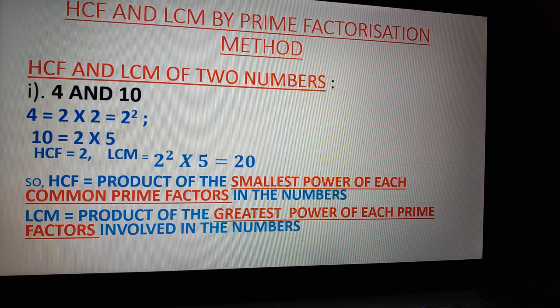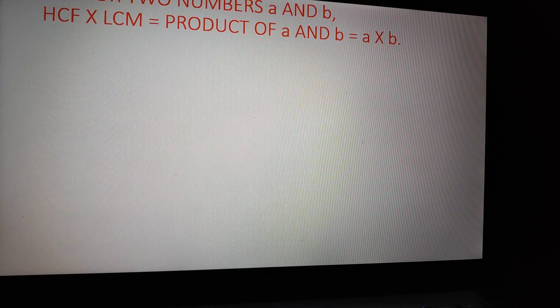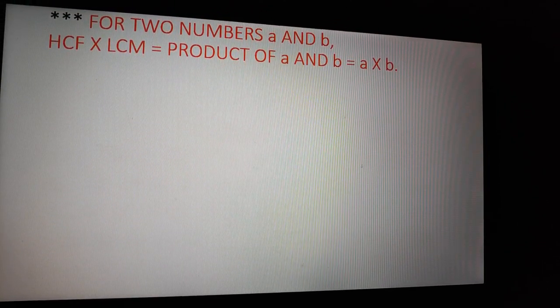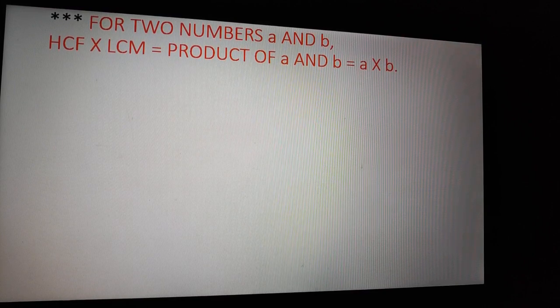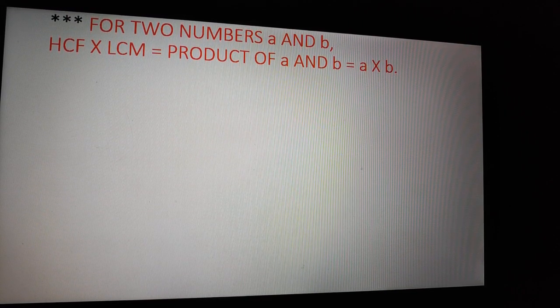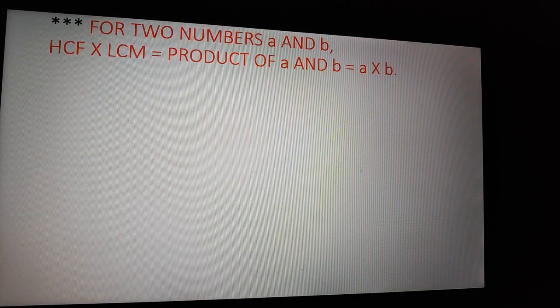We have to take all the different factors, but we have to consider the greatest power of each prime factor. Then here is a very important relation. For any two numbers A and B, HCF multiplied by LCM is equal to the product of the numbers, that is A multiplied by B. This relation is always true for any two numbers.